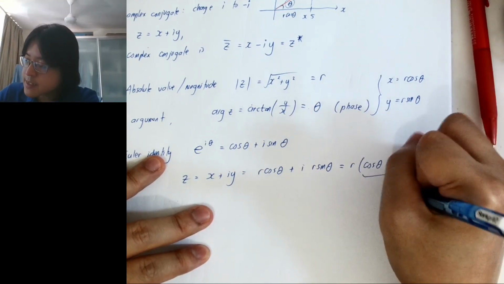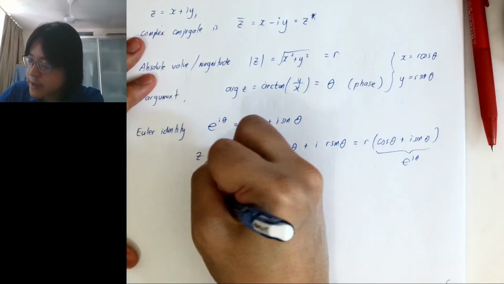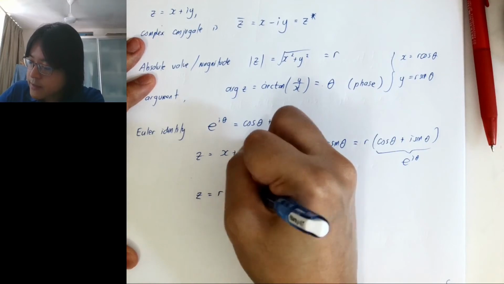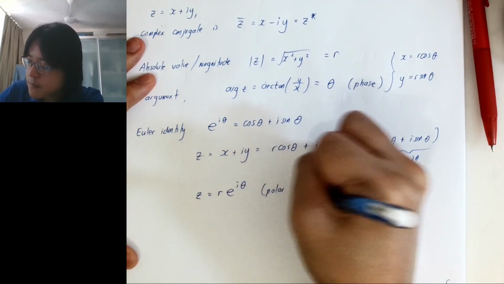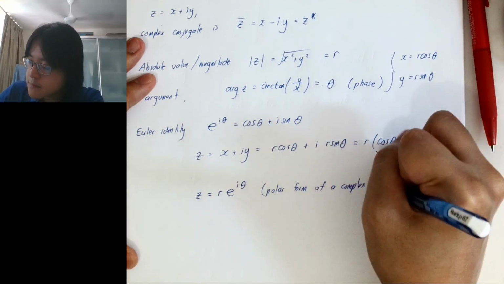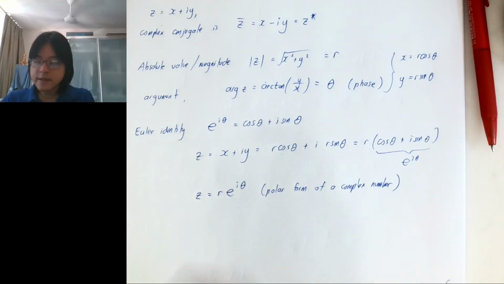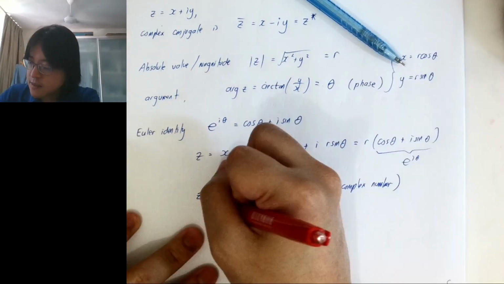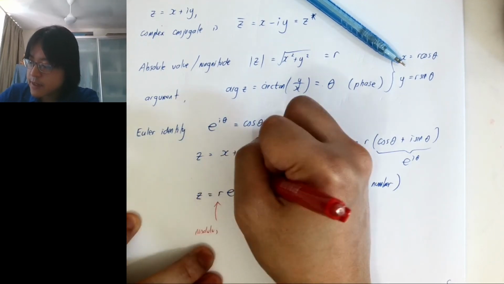And what is this? This is e to the i theta. So we can write it as r e to the i theta. We call this the polar form of a complex number. As you can see, this is the modulus, and this is the argument.